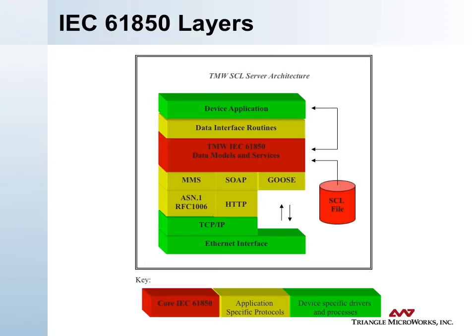Down the left, we have the Manufacturing Message Specification, which is ISO 9506, which makes use of Abstract Syntax Notation 1, and RFC 1006, which is the defined way that MMS makes use of TCP/IP services operating over Ethernet. That first leftmost column is the protocol, the SCSM, as defined in Part 8-1 of the document set.